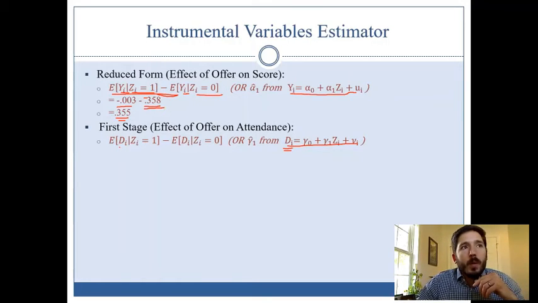We're basically just comparing the average rate at which people go to the charter school for the people who are offered a seat versus the rate for the people who are not offered a seat. In this example, 78% of the people who were offered a seat took it, or 79%, and about 5% ended up going even if they weren't offered a seat, right?